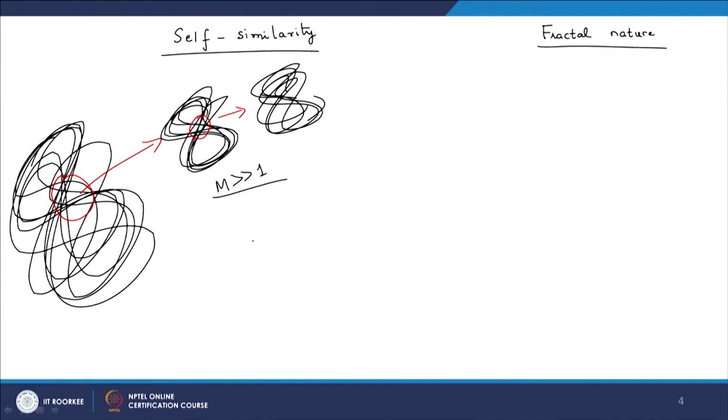So, think of, let us say, if I zoom into a sphere or a disk. Okay. So, if I zoom in there, let us say if we have a disk, maybe I will focus on a particular corner of the disk, and I will see maybe a structure that does not look like a disk anymore. And if I zoom in further, I will see something else.